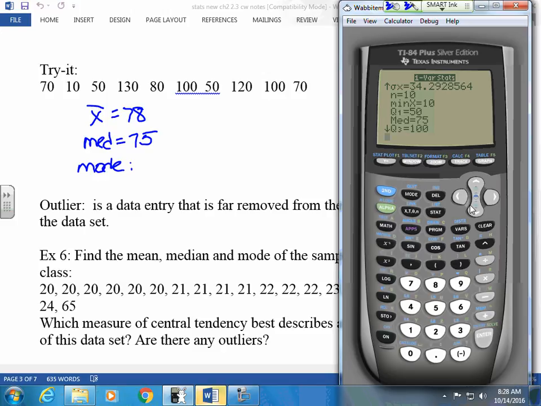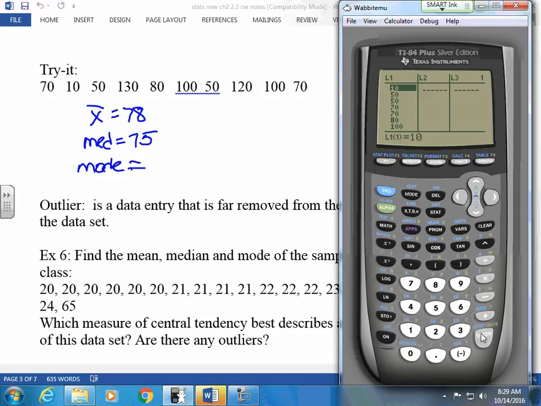And my mode, how do I get this in order? How do I put my data in order? Go to Stat, Sort A, and L1. Then go to Stat and take a look at it.